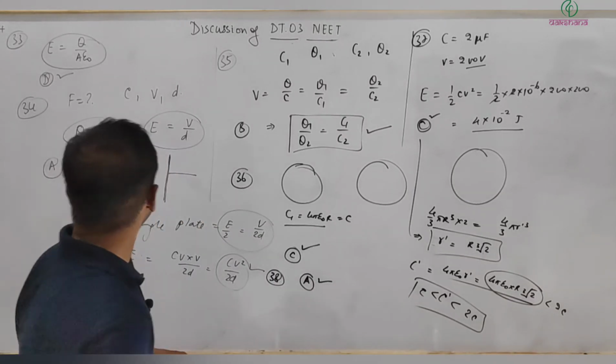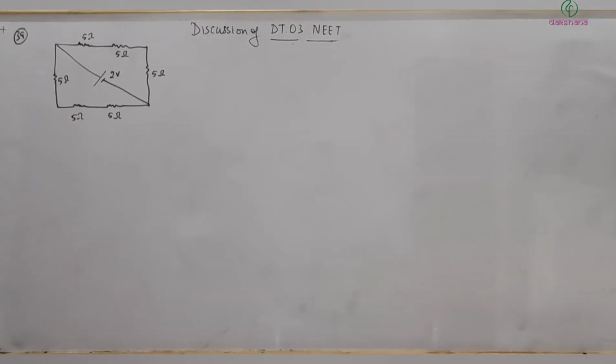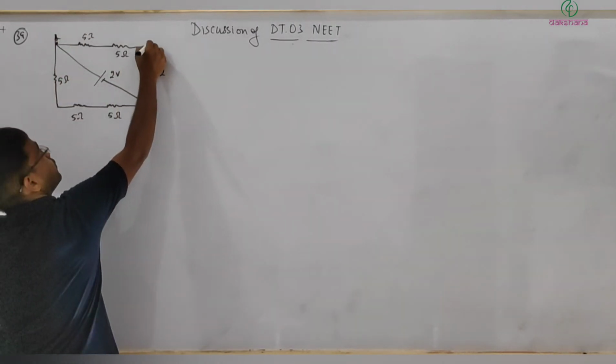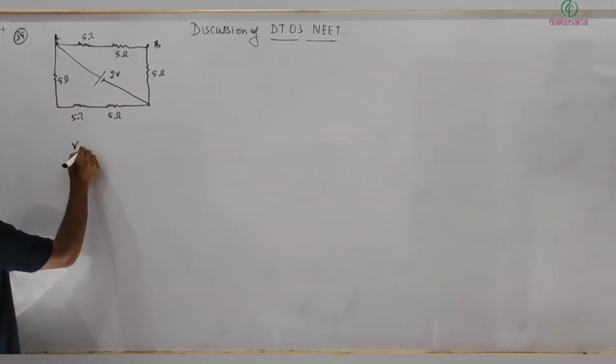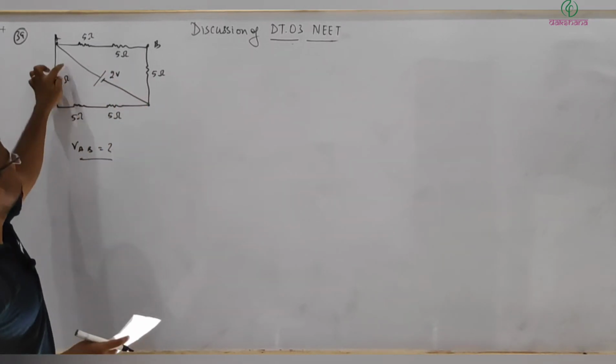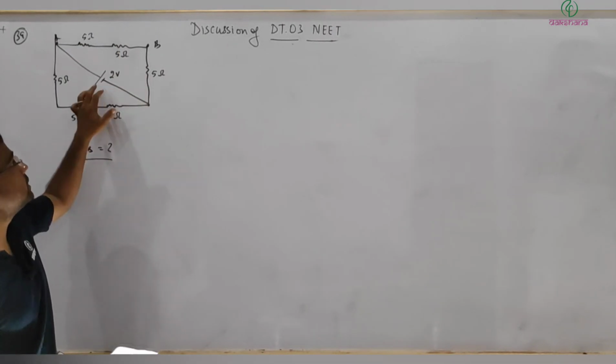Question number 39, let me erase it first. Okay, next question number 39. It's asking the potential difference between point A and B. See, these three resistors are in parallel, so the potential difference across these three resistors will be 2 volt.